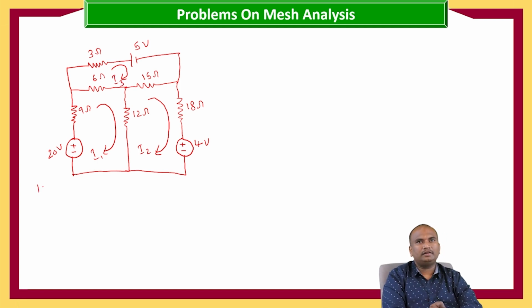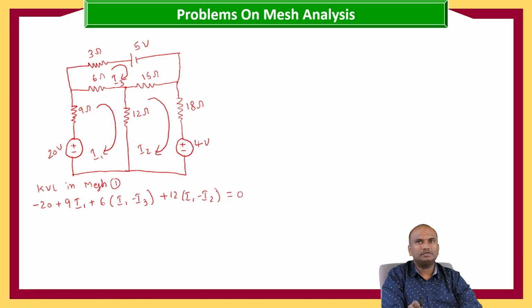Here, KVL in mesh 1 or loop 1, that is minus 20 plus 9 into I1 plus 6 into I1 minus I3 plus 12 into I1 minus I2, which is equals to 0.